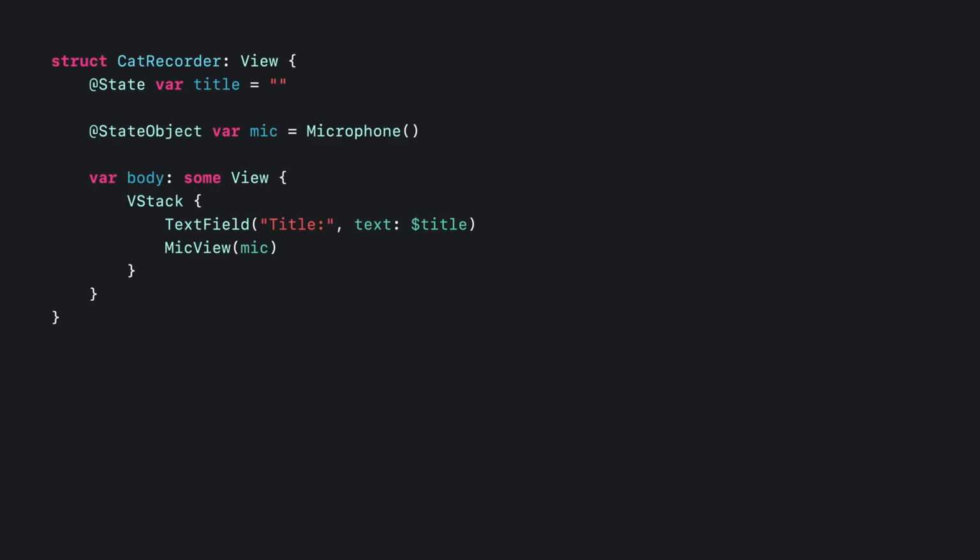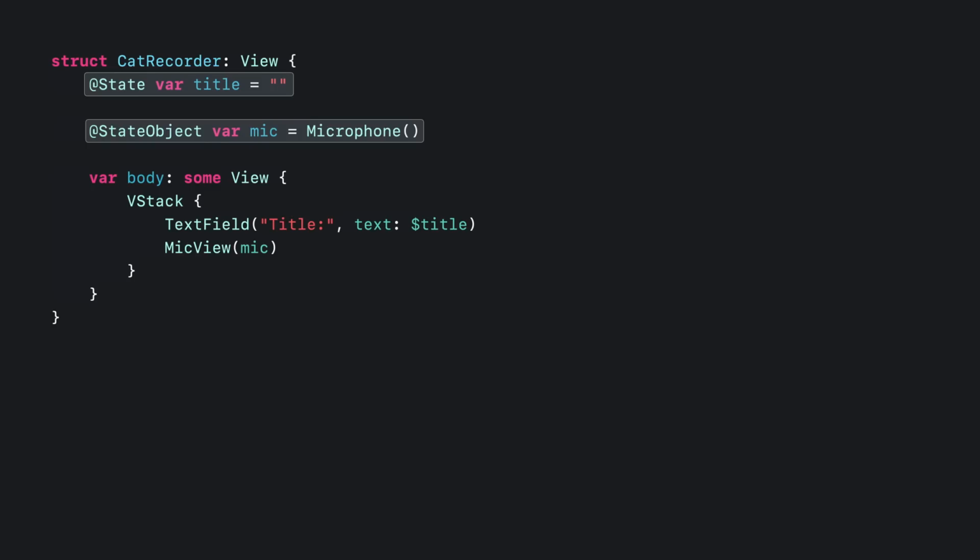Being able to connect the identity of a view with its lifetime is fundamental to understand how SwiftUI persists your state. So let's bring State and StateObject into the picture. When SwiftUI is looking at your view and sees a State or a StateObject, it knows that it needs to persist that piece of data throughout the view's lifetime. In other words, State and StateObject are the persistent storage associated with your view's identity.